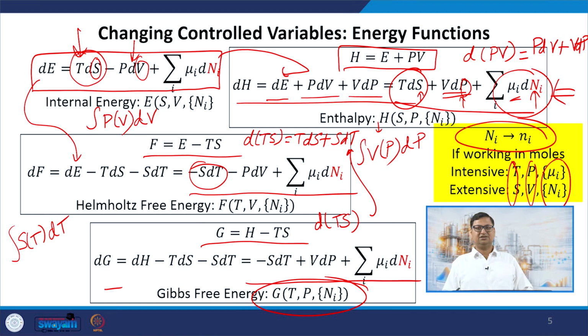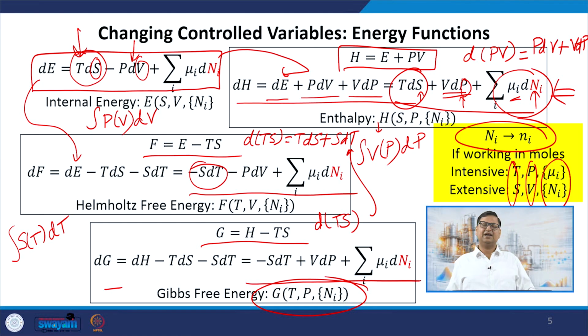So temperature is intensive. Even if you increase the quantity, temperature will not change. Pressure is intensive, independent of quantity, and chemical potential is also a property that is intensive. And entropy is going to increase as quantity is increased, volume will increase as quantity is increased, and number of molecules will increase as quantity is increased, right?